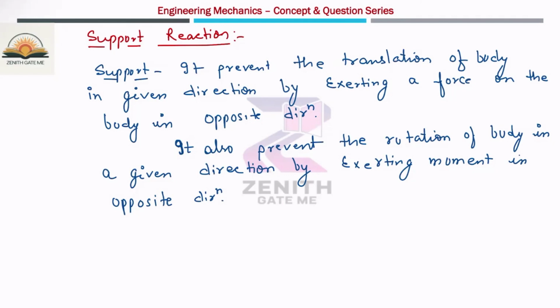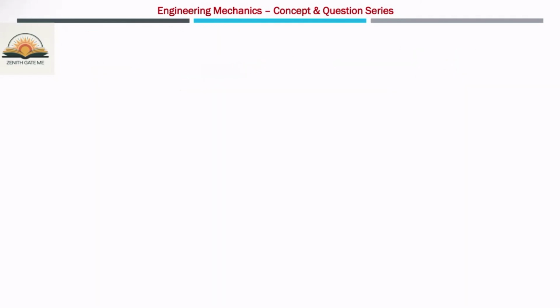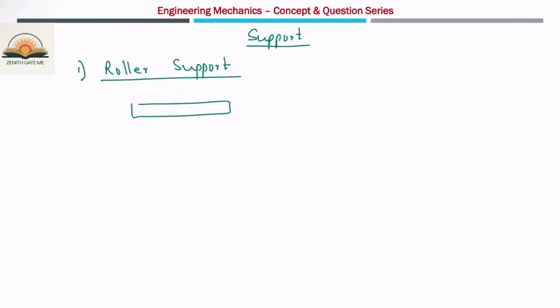Okay, so let's try to understand first of all what the different kinds of supports are. Now the support. The first type is roller support. Let us suppose there is a beam which is supported with a roller. It can also be represented in this manner. Okay, so there is a roller support.